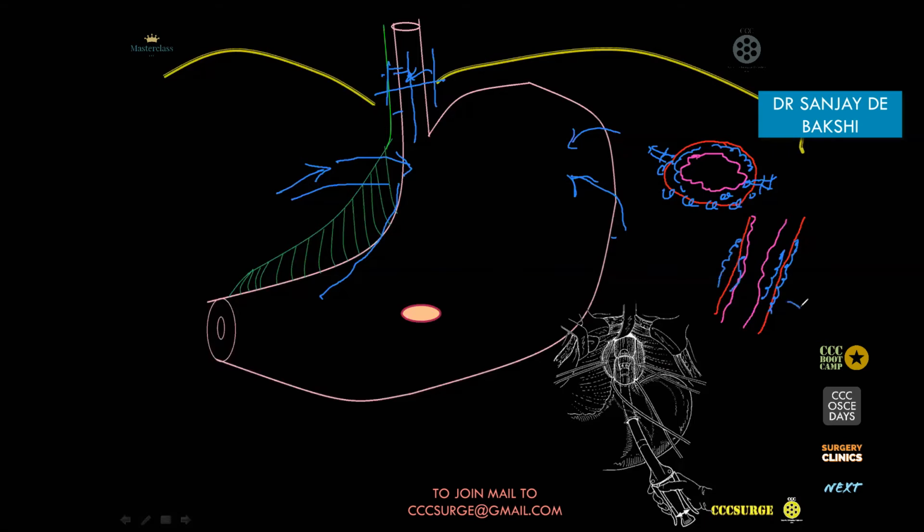Now, if I've taken these horizontal vessels out, I haven't addressed this. Get it? Unless I do a transection, I can't address the submucous vessels. Do you appreciate that?